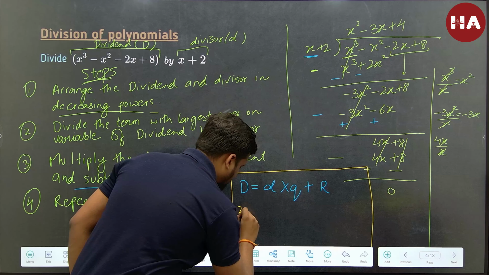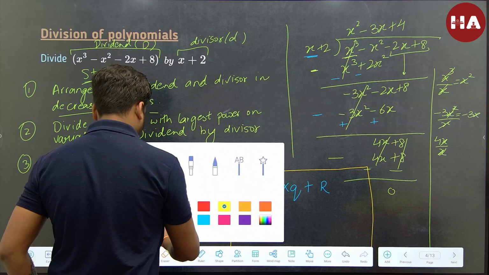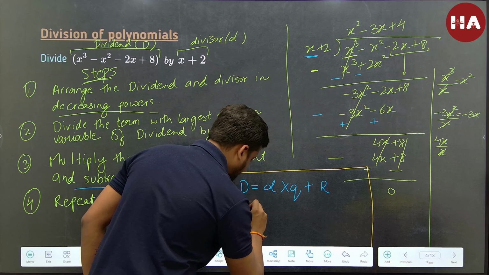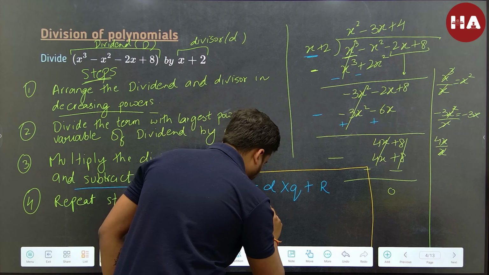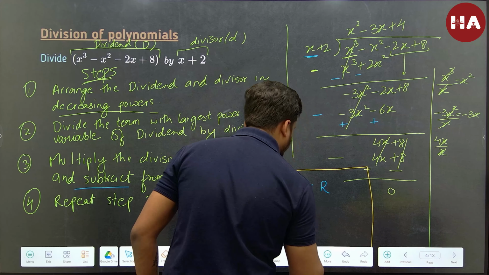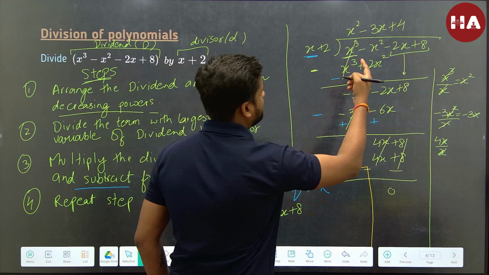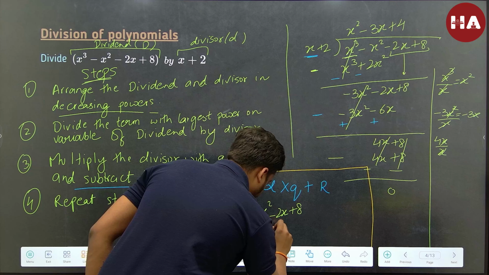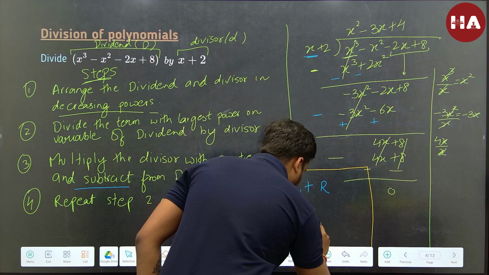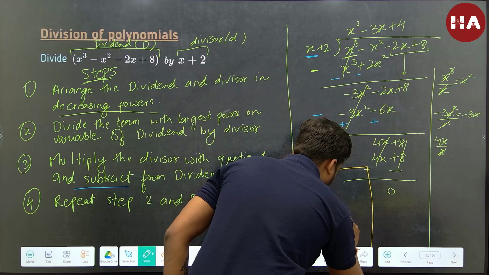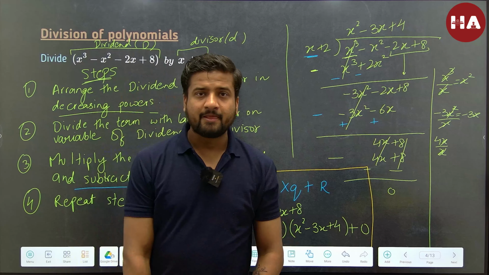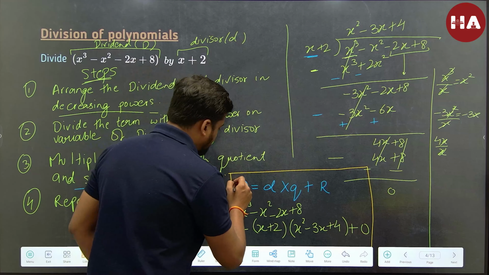It is x cube minus x square minus 2x plus 8, which can be written as the divisor, that is x plus 2, times the quotient, that is x square minus 3x plus 4, plus the remainder, which in this case is 0. This is a very important rule, alright.